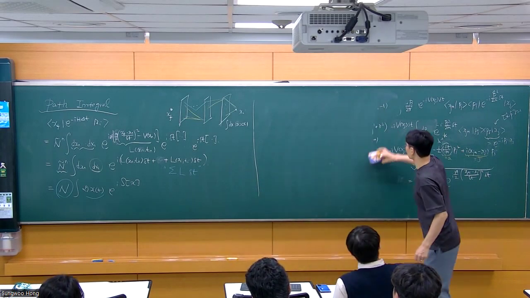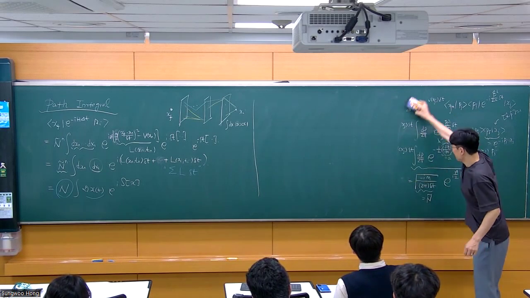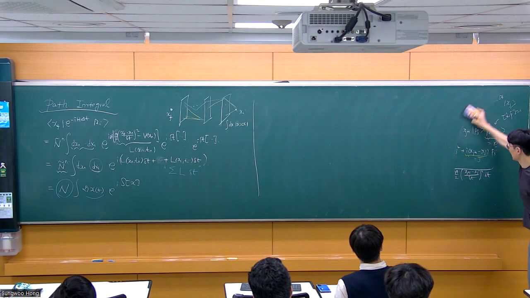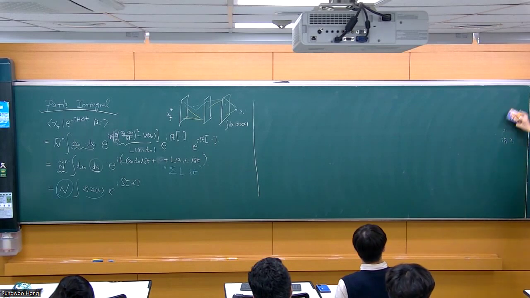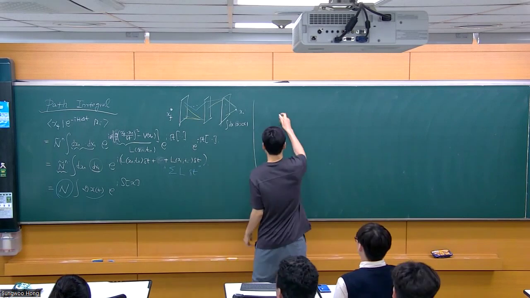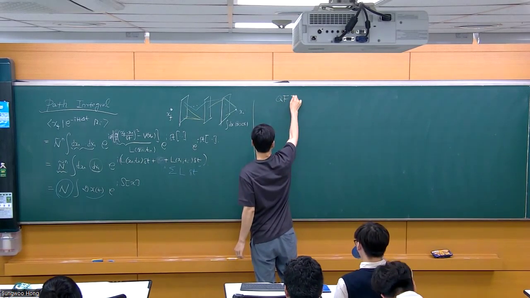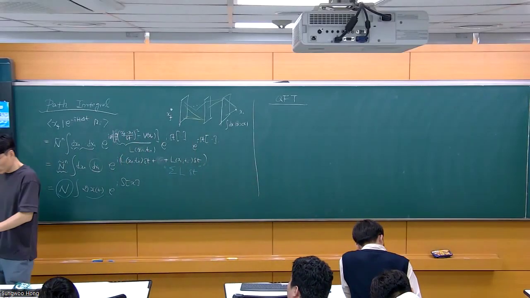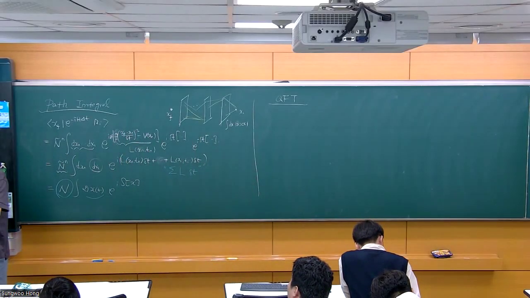Okay. Good. So you guys are excited about the path integral, I suppose. Good. All right, so after that, let's actually do QFT, which I'm not going to do step by step, but now we can basically grab the intuition from this particular exercise.